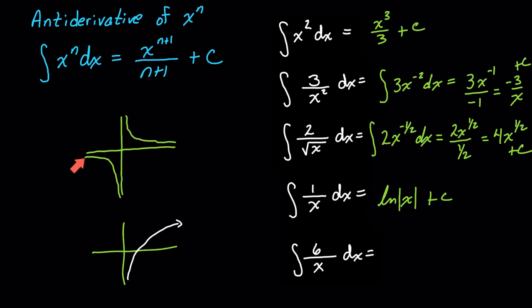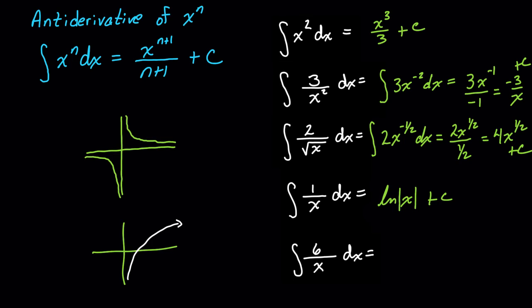But we also cannot use the negative values that are on this function. We can only use the positive values. So the antiderivative of 1 over x is going to be natural log of the absolute value of x plus c. And you must put these absolute value bars anytime you find the antiderivative to be a natural log.